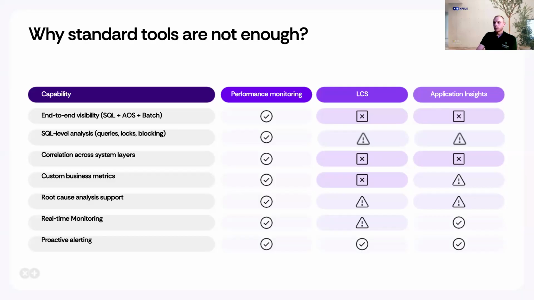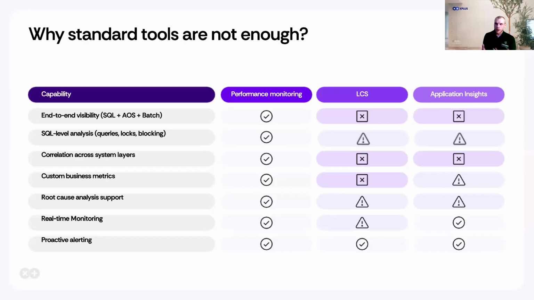That's one thing, but also you cannot see the data from older periods in LCS. With App Insights, the problem is different, because we can do those kinds of things, but again, App Insights creates a heavy workload on Dynamics itself. So Insights by itself can impact our performance, which won't happen with our application.